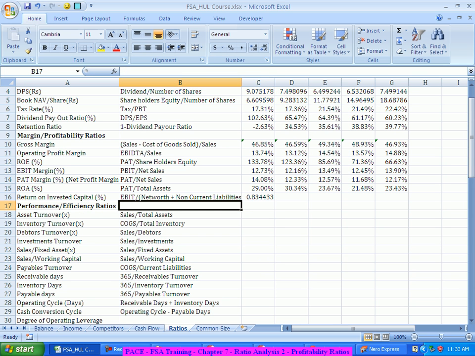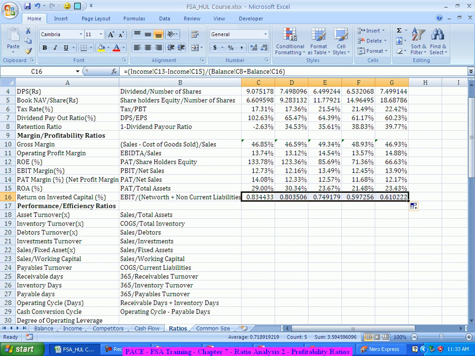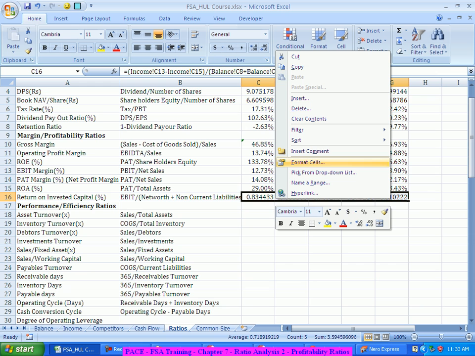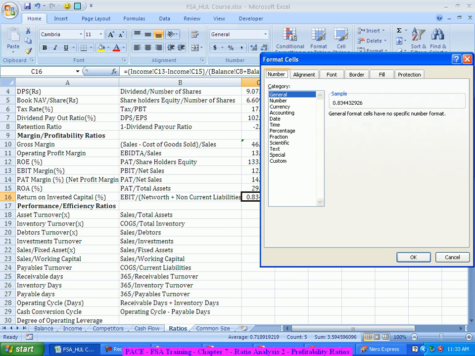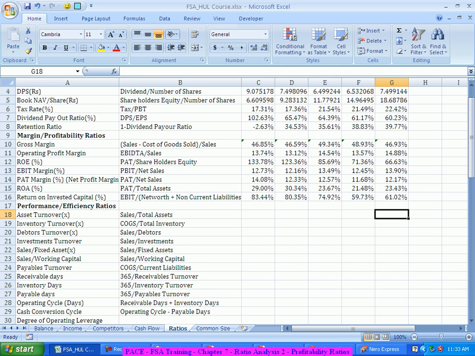So almost 83% to 61%, because the debt is almost not there. The ROE and ROIC, this is written, or typically call it ROI, return on investment. The investment is both in the form of debt as well as equity.